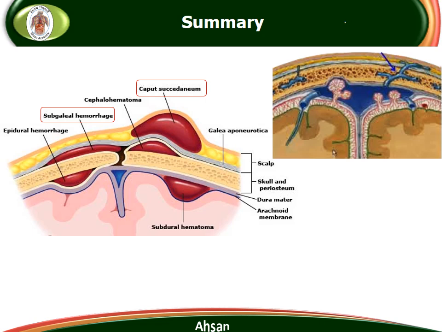If the bleeding is under the aponeurosis but outside the periosteum, the bleeding will be diffuse and the swelling will be very little, but afterwards the patient will come with the black eye. If the bleeding is under the periosteum, the bleeding will be limited because of the very tight adherence of the periosteum to the bone, and the swelling will be very shallow.